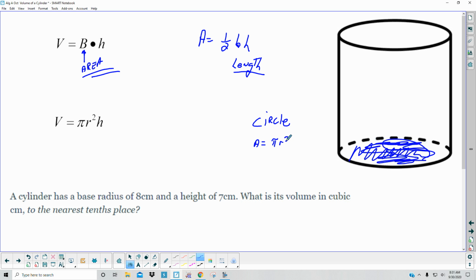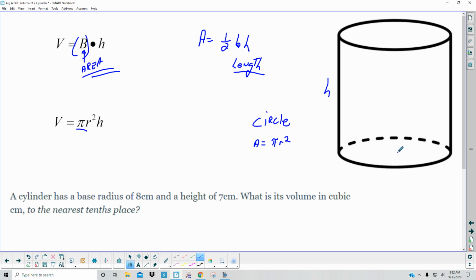We just did these. So to make the formula more useful, I'm going to remove the B and put in pi r squared. So this is more useful for what you're doing. To find the volume of a cylinder, you take the area of the base and multiply it by its height.